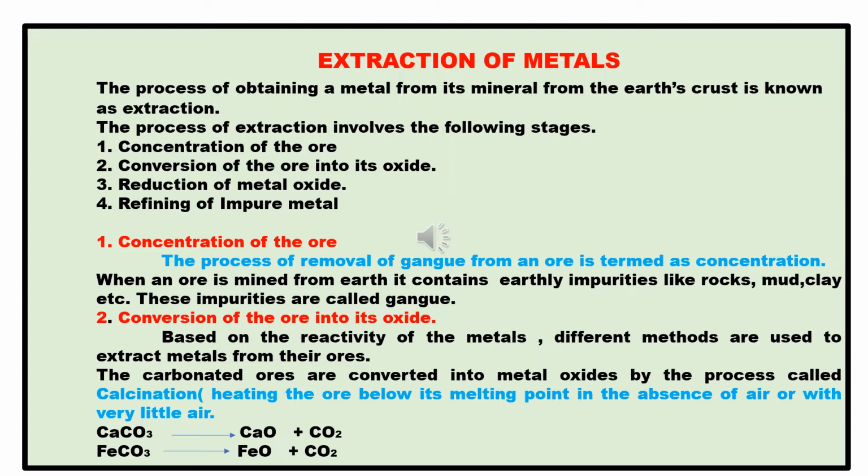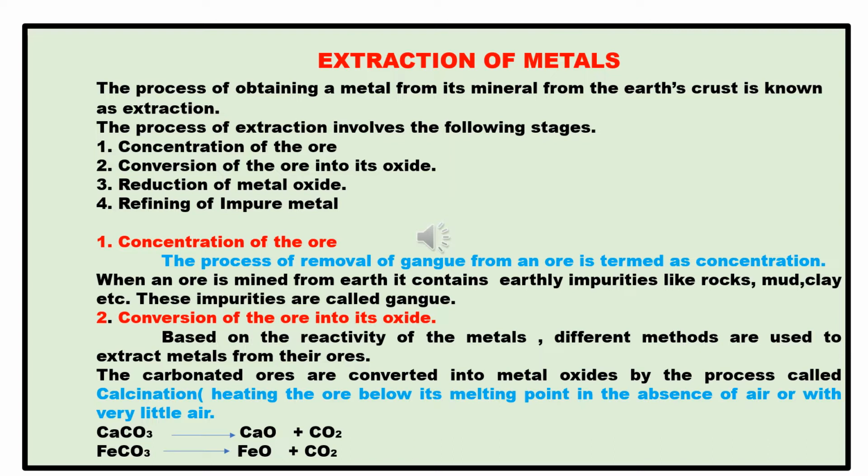The process of extraction involves some stages. Directly we cannot get the metal from its mineral. So to get a metal in its pure form from its mineral, we have to follow different procedures. Let's see what are the procedures.